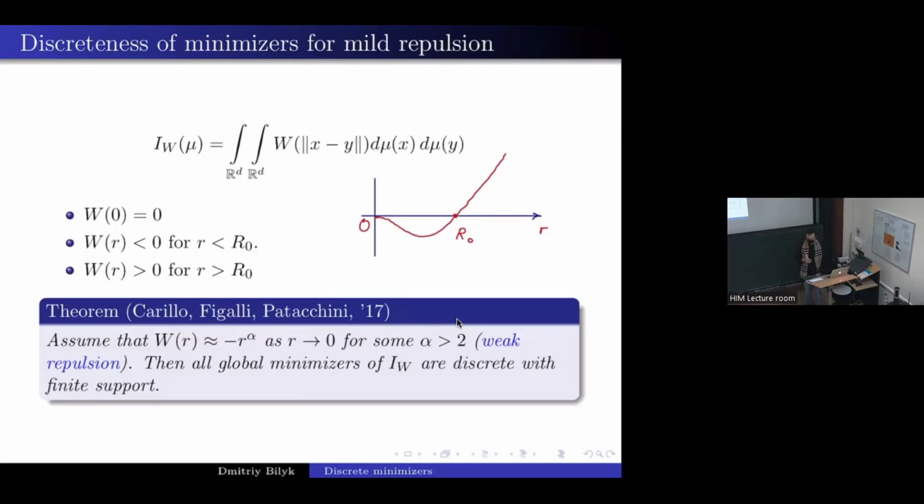Actually, going to infinity is not even important here. Okay, so they prove that if at small scales the repulsion behaves like this with alpha greater than 2, they call it weak repulsion, then minimizers are necessarily discrete and have finite support.